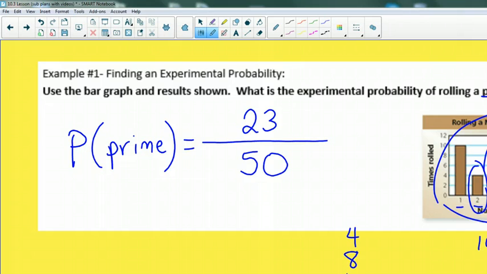I can leave it as 23/50ths if I want to know the exact number, or I can leave it as a fraction. But remember, we can write probability as fractions, decimals, or percents. So I could leave my probability like this and write 23/50ths. I could write 23/50ths as a decimal, which would be 0.46.